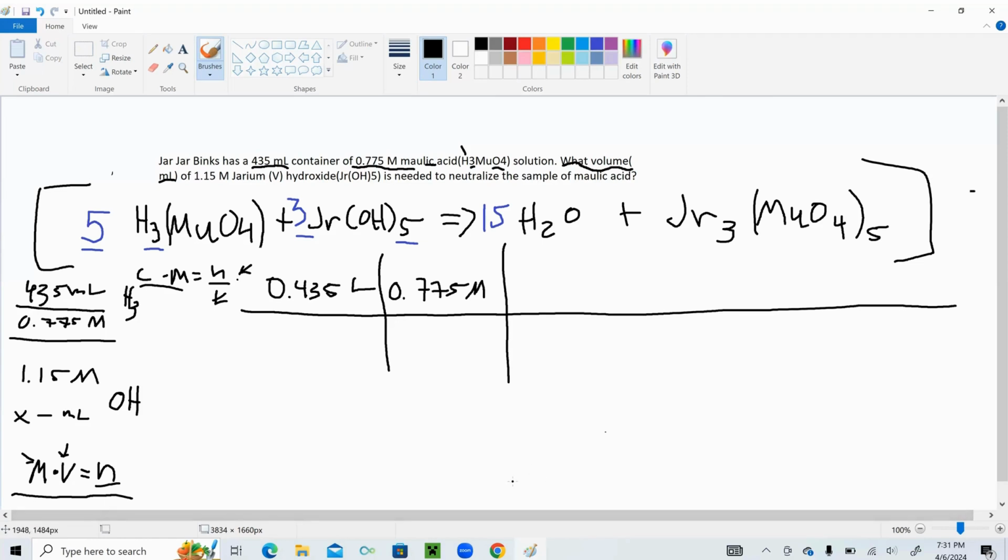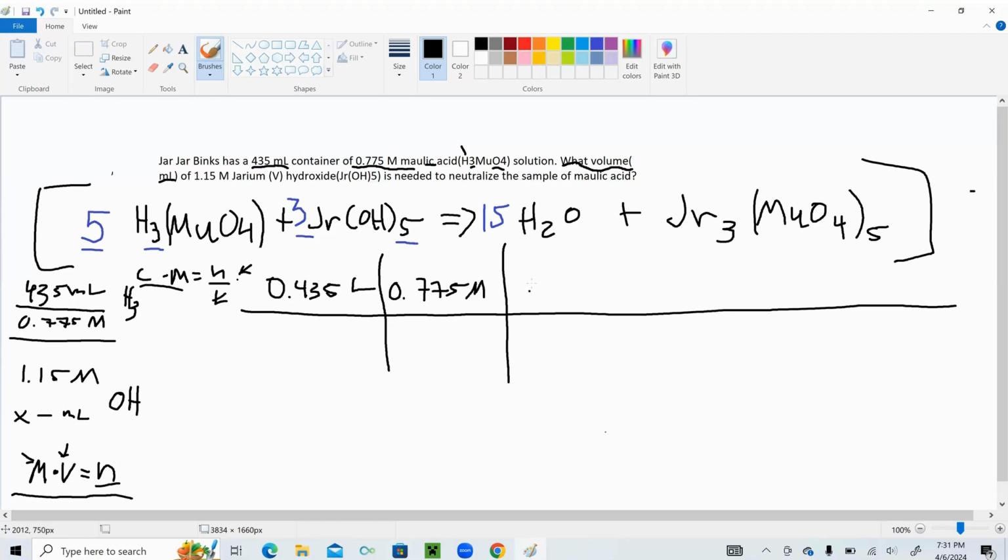So now we type that into a calculator. We have 0.435 times 0.2775. I'm going to use 4 sig figs here.